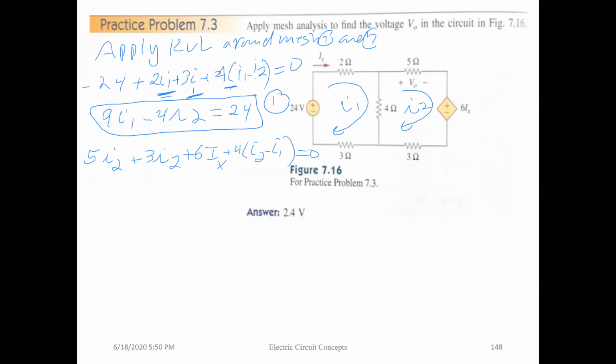So again, because we are doing it for loop number 2 or mesh number 2, i2 will be a plus. When we apply KVL for current i1, current i1 will be a plus.